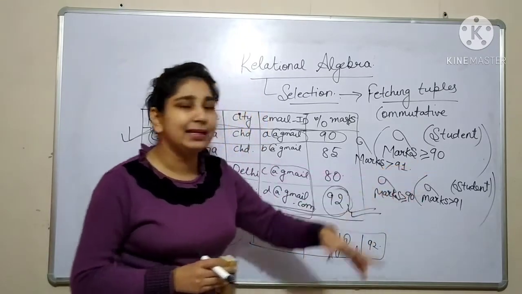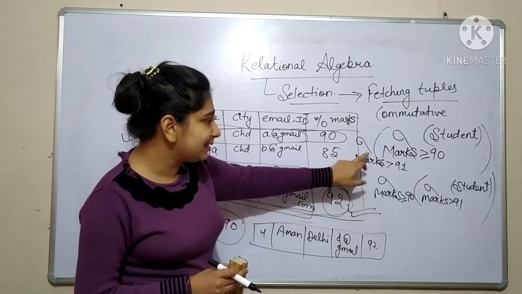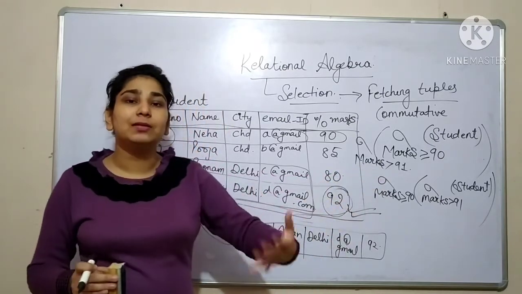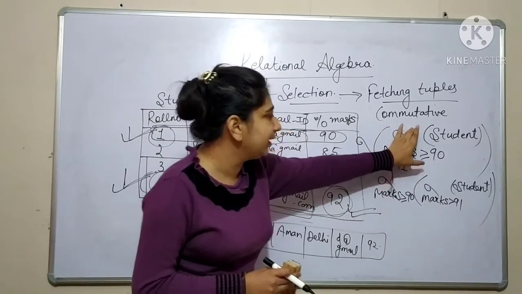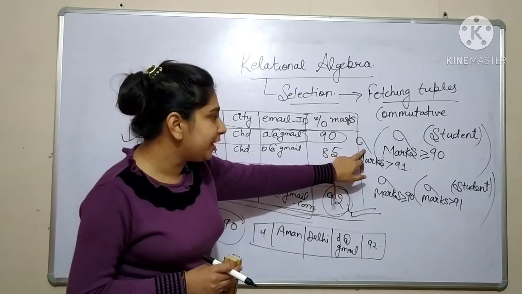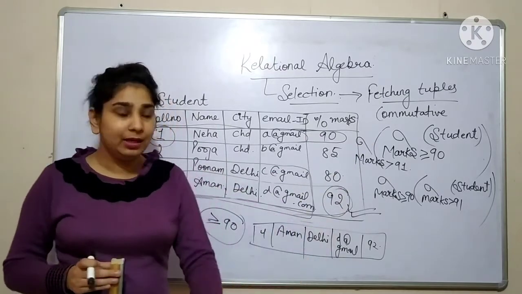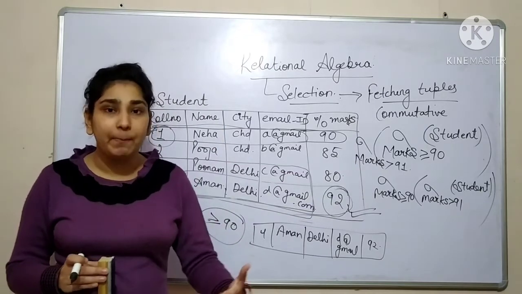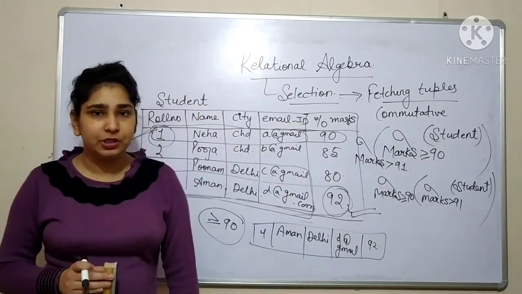And when you perform this second selection operation, you would be performing that operation on the tuples which you got in the output after performing the first selection operation. This selection operation you will not be performing on the complete student table.